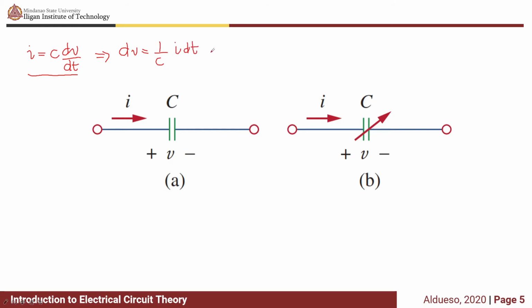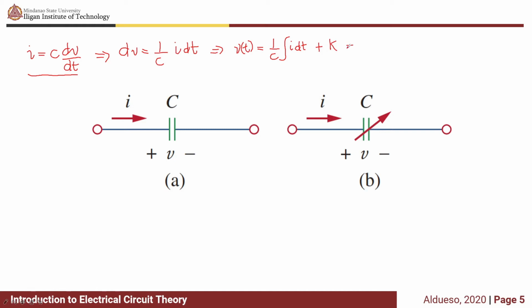If you take the integral of both sides, we have V(t) equal to 1 over C integral of I dt plus a constant k.